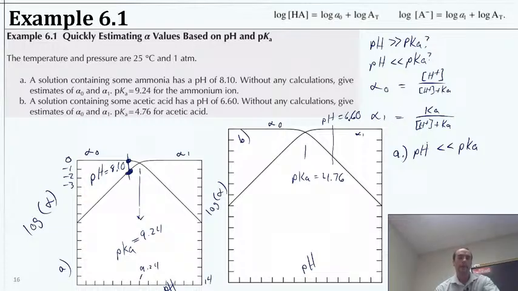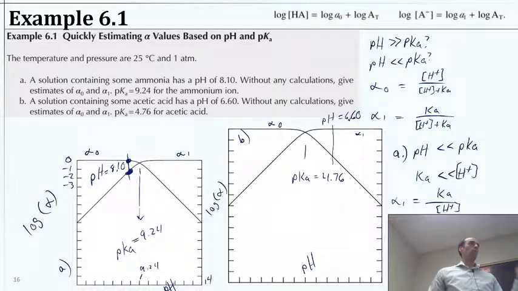So it's the Ka that goes to approximately 0, right? In this case, Ka is much smaller than H plus, and so we can write alpha 1 is equal to Ka over H plus, and we can take the log of all of that to find some algebraic way to describe that.